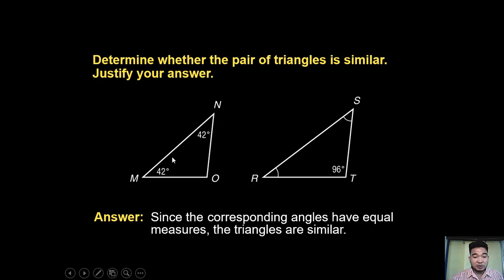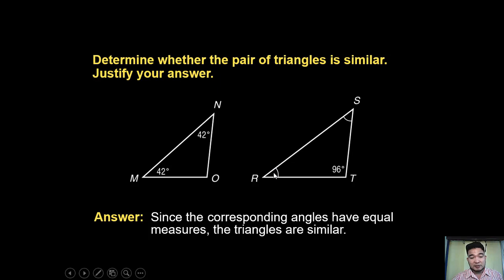So this is 42, this is 42, and this is 96. Do you want to give it a try? If this is 96 and these two are congruent, what would be the remaining to 180? 180 minus 96 is equal to 84. And the 84 degrees is split between two angles, so you divide 84 by 2, you will have 42 and 42.